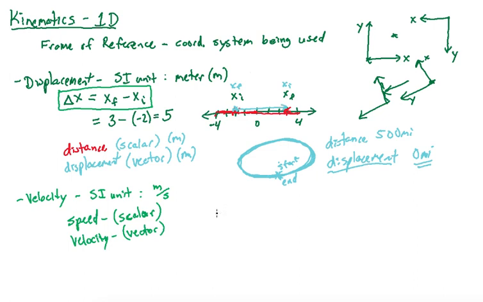But what we're more interested in here at this level is something called average velocity. So this average velocity can be found like this, v, and put a little sub avg on there for average. So average velocity is equal to displacement, which was our delta x, over a change in time.